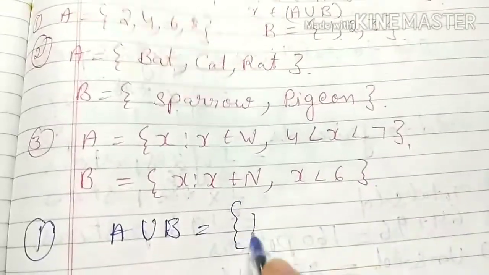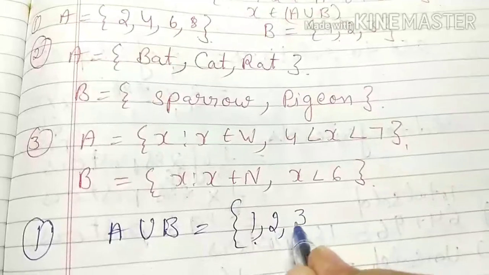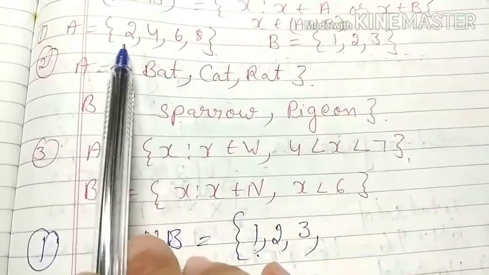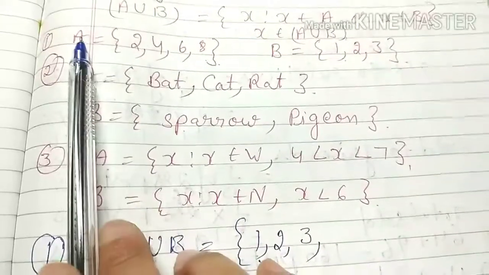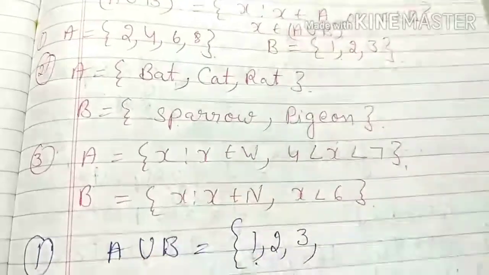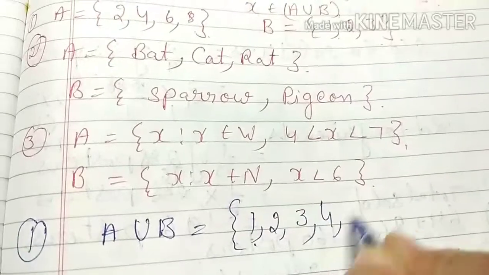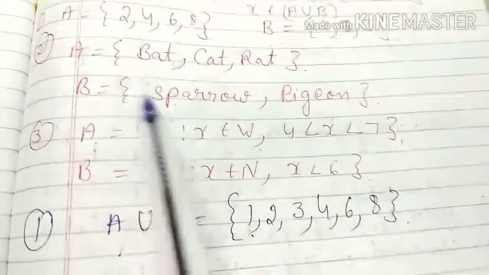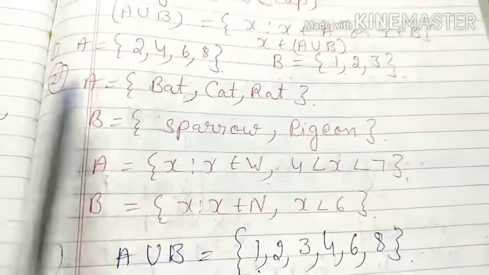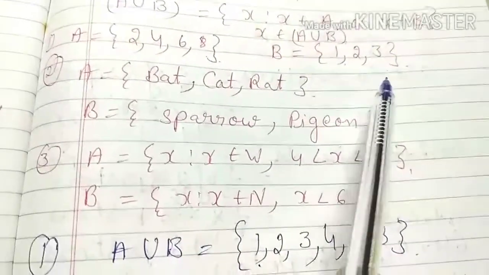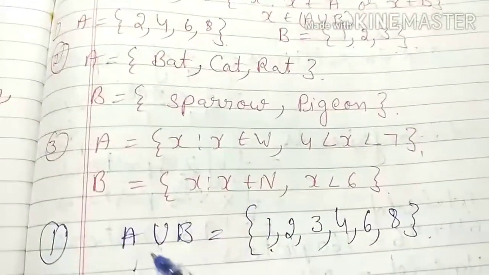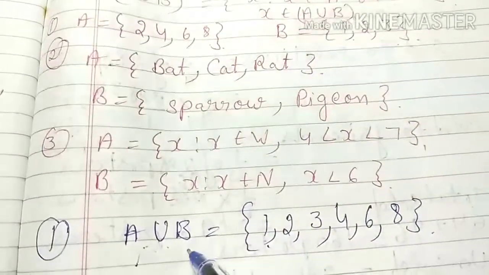Like here 1, 2, 3. First I write these elements. Now 2 is repeated again, so I ignore this 2 and go further: 4, 6, 8. So these are the elements that come under A union B. You have to write all the elements, but a repeated element you have to write once. So that is considered as A union B.